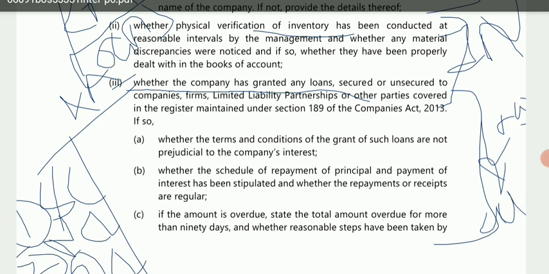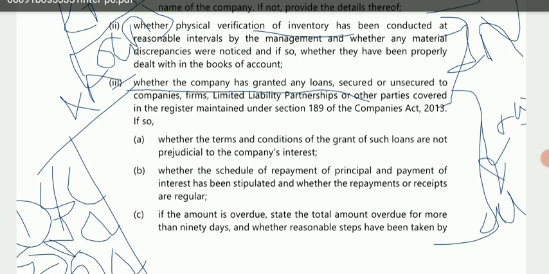Just close your eyes and imagine what all points I have taught you till now. I have taught you about fixed assets, where you have to check whether proper records have been maintained, physical verification has been done and the title deeds have been properly transferred.